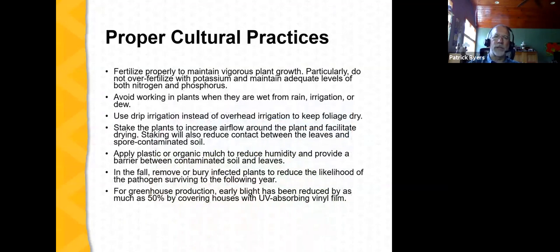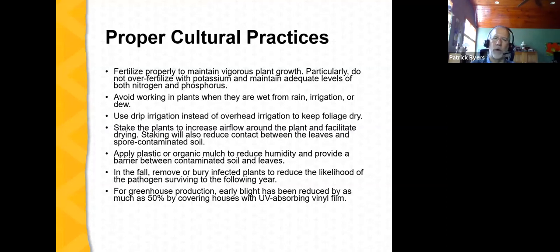Some other cultural practices: proper fertility management. Avoid working in plants when they are wet from rain, irrigation, or dew. Use drip irrigation to keep the foliage dry. Stake the plants to increase airflow. Use a plastic or organic mulch to reduce humidity and to provide that barrier between contaminated soil and the foliage. At the end of the production cycle, remove infected plants.